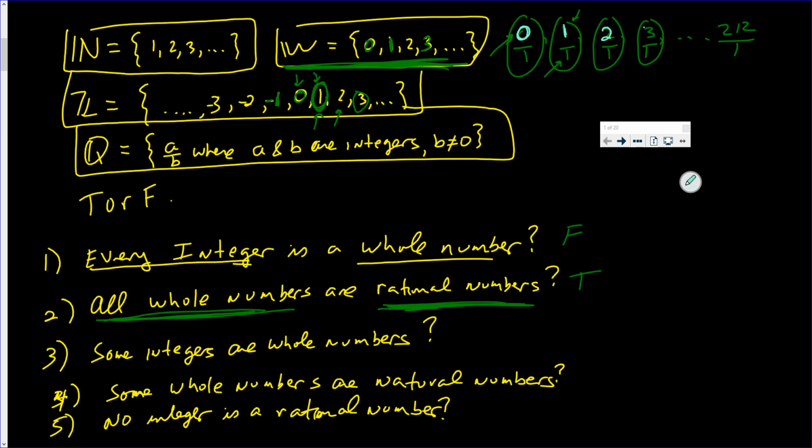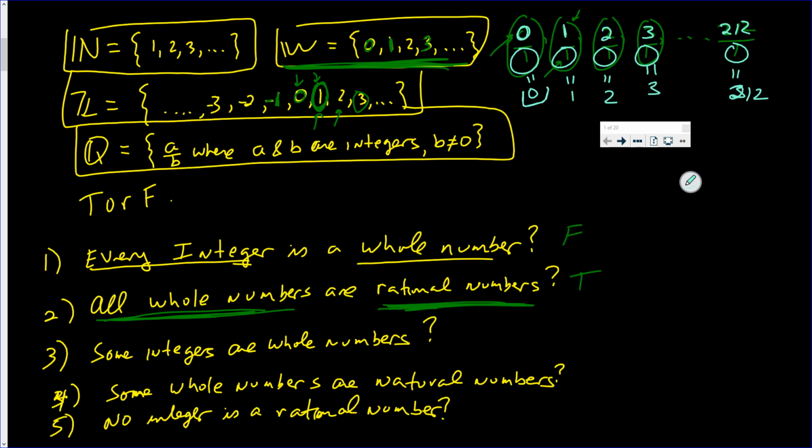When I divide them by 1, they still equal themselves. 0 is still 0. 1 divided by 1 is 1. 2 divided by 1 is 2. 3 divided by 1 is 3. 212 divided by 1 is 212.